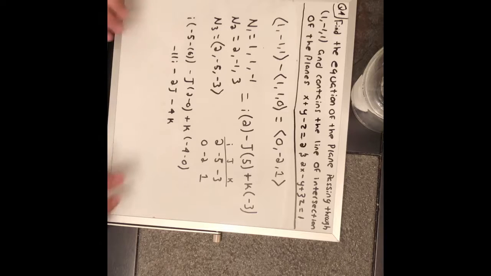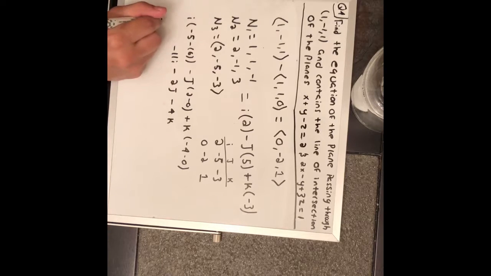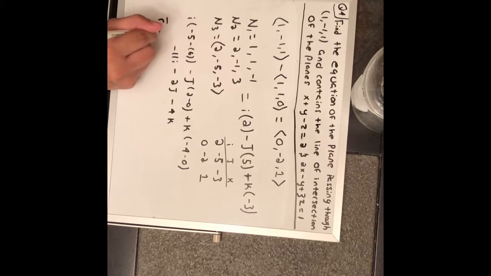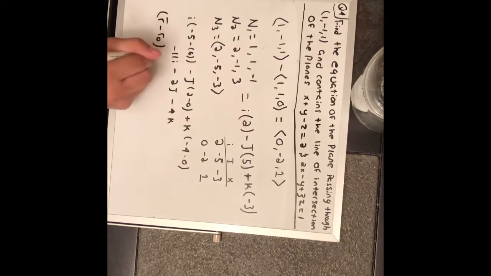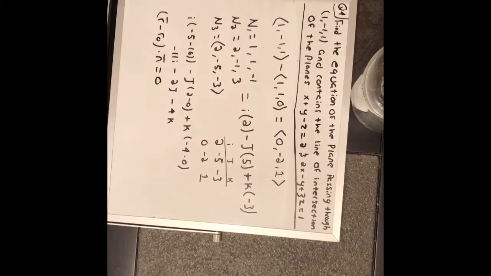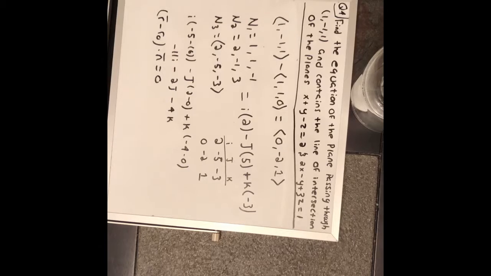Now we want to plug this back into the general equation to find the equation of the plane. This will be (r - r naught) dot n = 0.